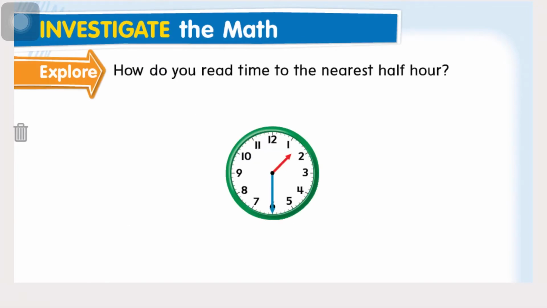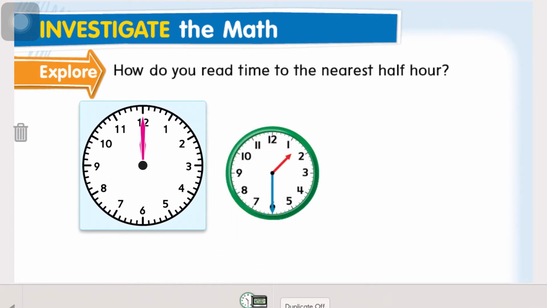How do you read and tell time to the nearest half hour? Now, half hours are tricky because when it was at the hour mark, our hour hand was directly on the hour. For example, if it is 1 o'clock, the hour hand, the shorthand, is pointing to the 1.